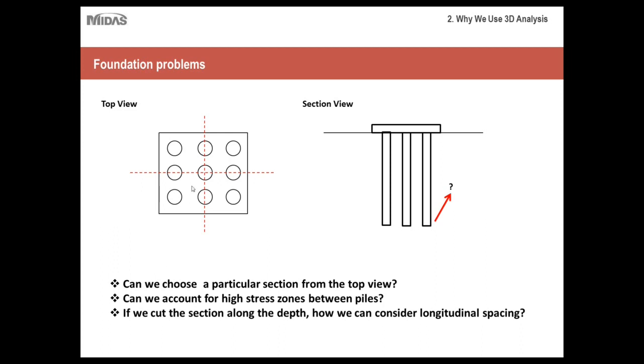So for example, this area here, and here, and here. Certain parts of the soil, because they're receiving stress from multiple piles, receive more stress than, for example, the soil around this area and this area. So that's another thing that can't be accounted for in 2D analysis.